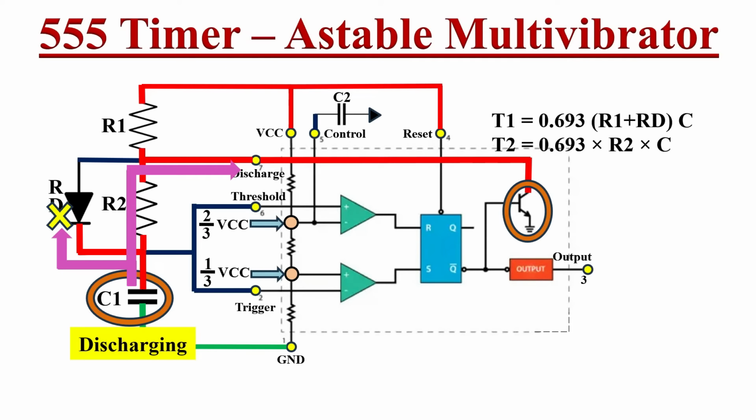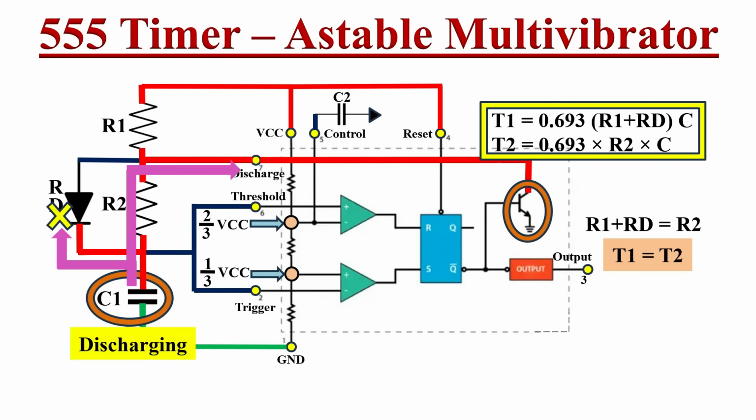Now if we observe these two equations, we will find a difference here. If we adjust the values of R1 and R2 in such a way that R1 plus RD equals R2, then in both equations T1 equals T2, that is, on time and off time become equal.